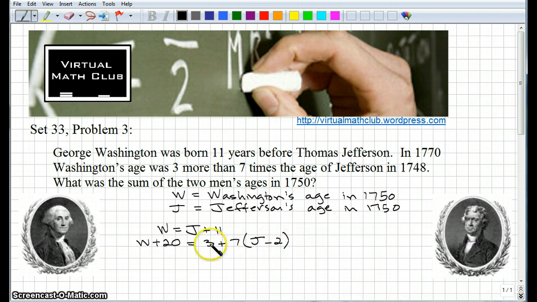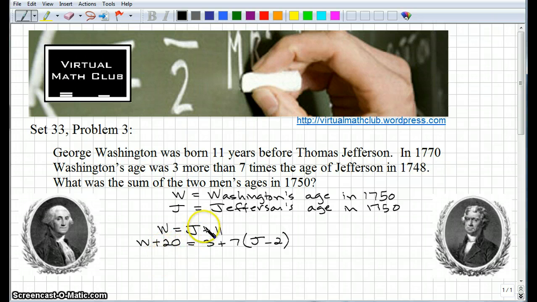Now once it's in this form, it's a lot easier to work with, I think. So you're home free now. This is Washington's age in 1770, and it's 3 more than 7 times Jefferson's age in 1748. So we have 2 equations and 2 unknowns, so we ought to be able to solve this.